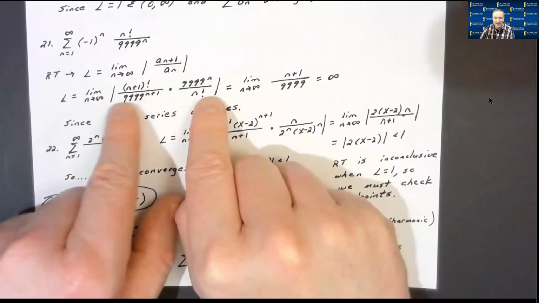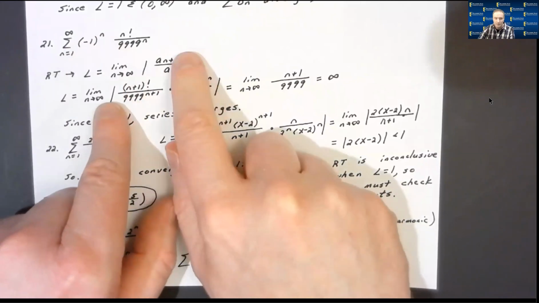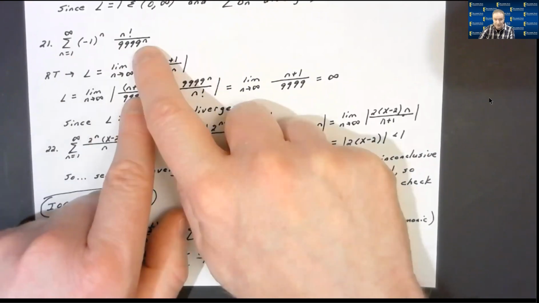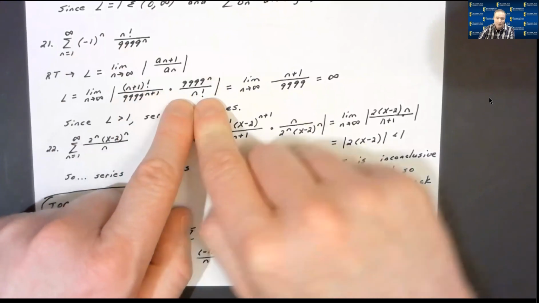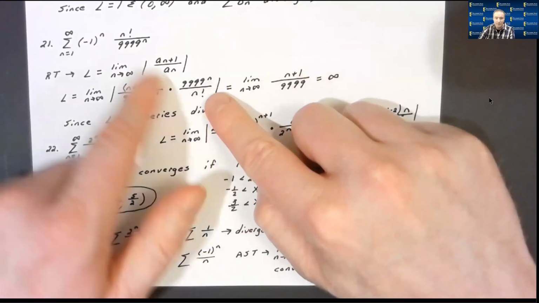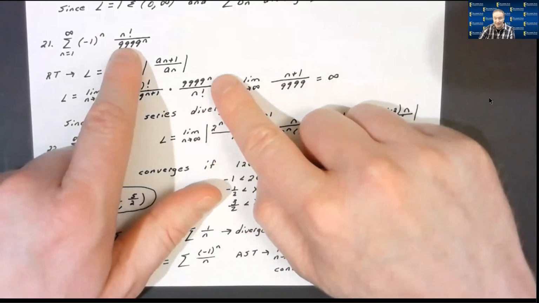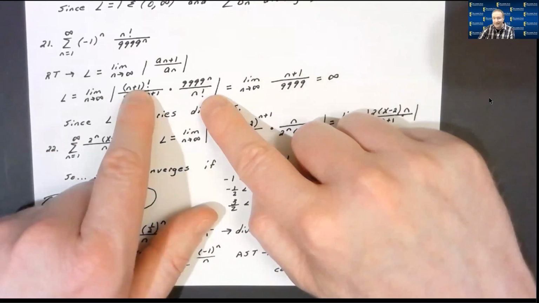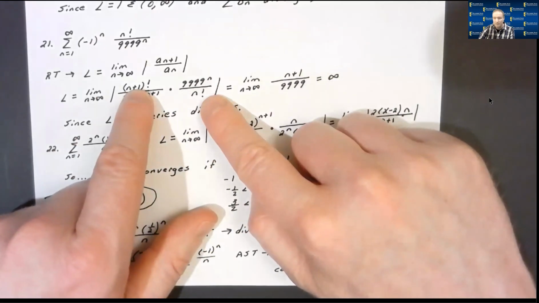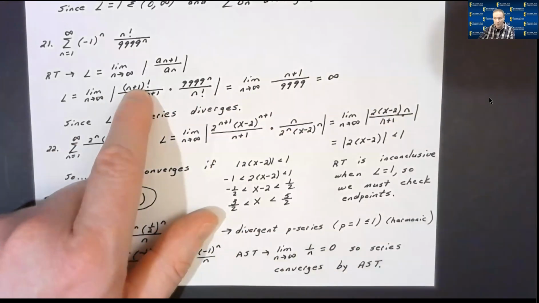So it's the absolute value of, you're just putting an n plus 1 into this fraction, you get n plus 1 factorial over 9,999 to the n plus 1. And then you're going to multiply that by the reciprocal of a sub n, which just gives me 9,999 to the n divided by n factorial. Now, I know that n plus 1 factorial means n plus 1 times n factorial.